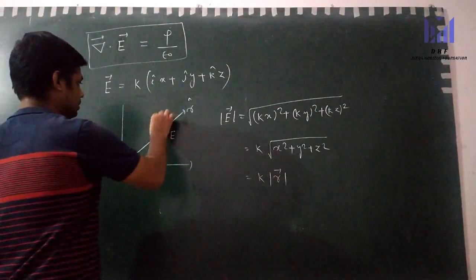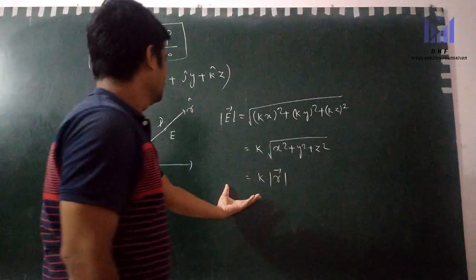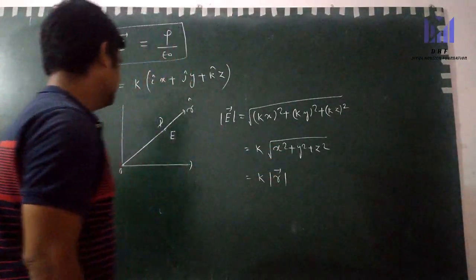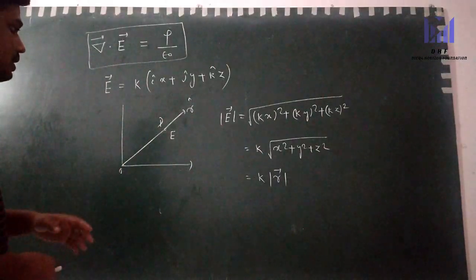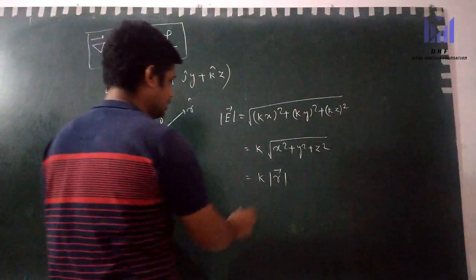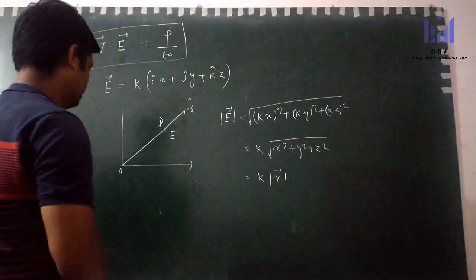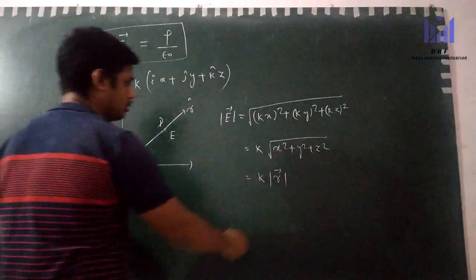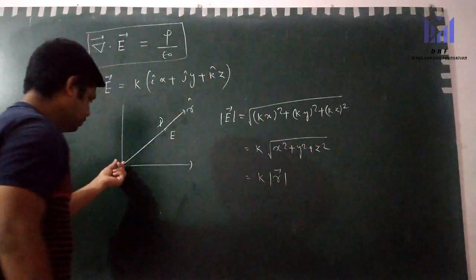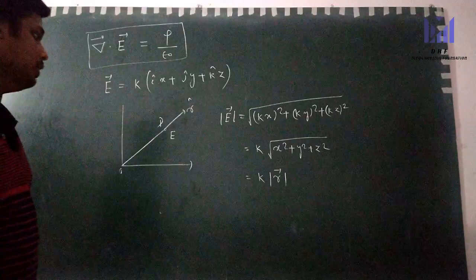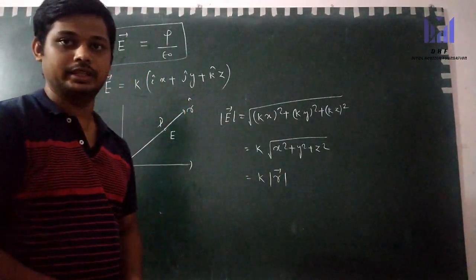Let this point be this. So the nature of electric field is like this, and here we can see that the electric field is increasing as we go far away from the origin, because the electric field is proportional to the magnitude of position vector, and if we go far away from the origin, the magnitude of the position vector will increase, so the magnitude of electric field will increase.